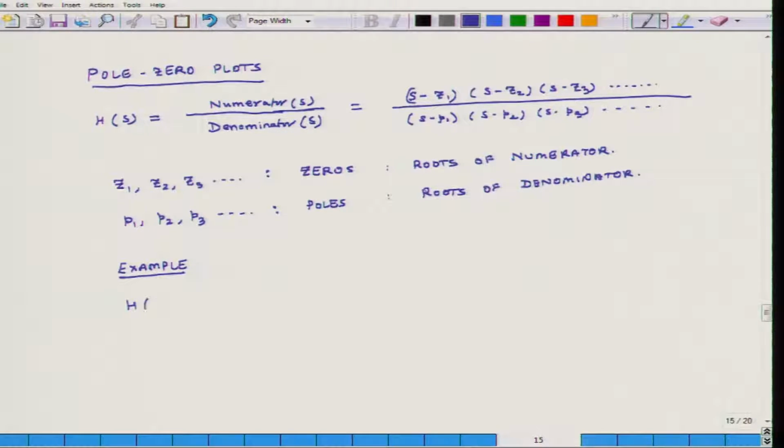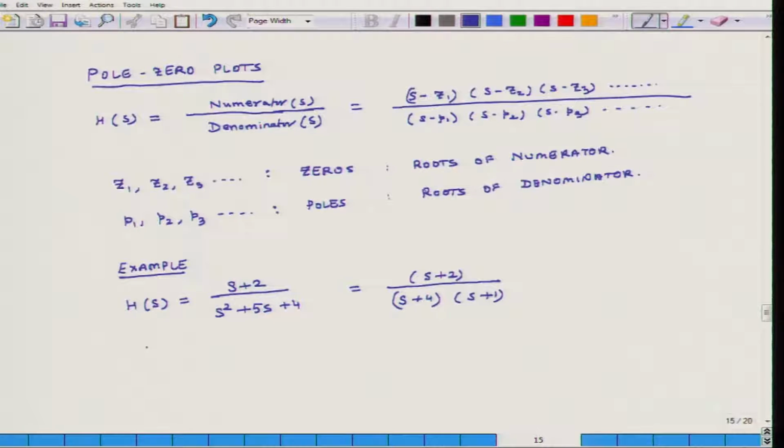So, let us do an example. H(s) is equal to s plus 2 divided by s square plus 5s plus 4. So, the numerator is linearly dependent on s and the denominator is a quadratic function of s. Now I can factorize: the numerator is just s plus 2 and the denominator is s plus 4 times s plus 1.